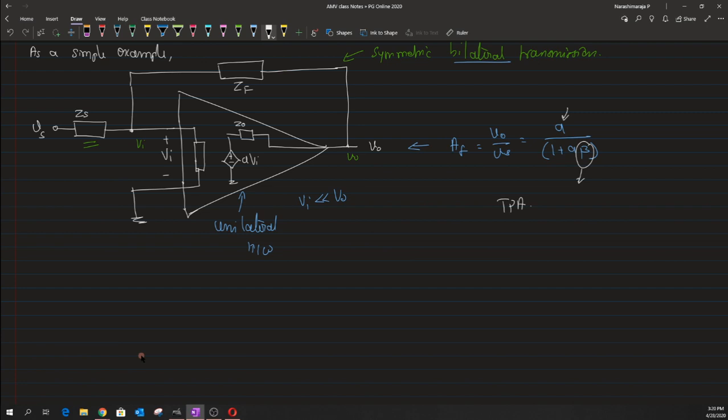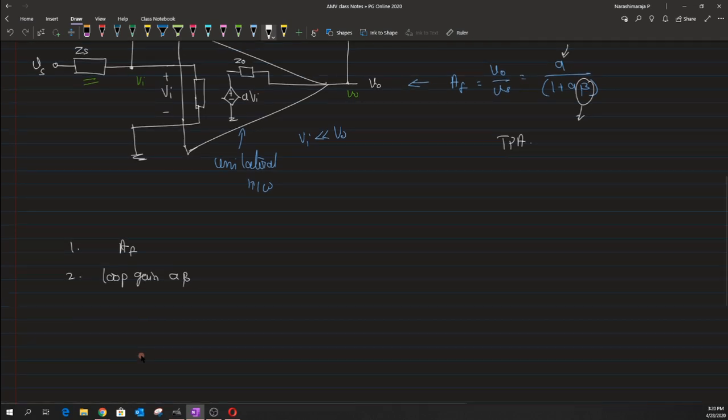Now this basically demands an alternative analysis for the computation of a few things. One of them is the feedback gain, and the other one is the loop gain. So we need an alternate method to compute the closed loop gain, the loop gain, and even the input and output impedances of closed loop amplifiers.